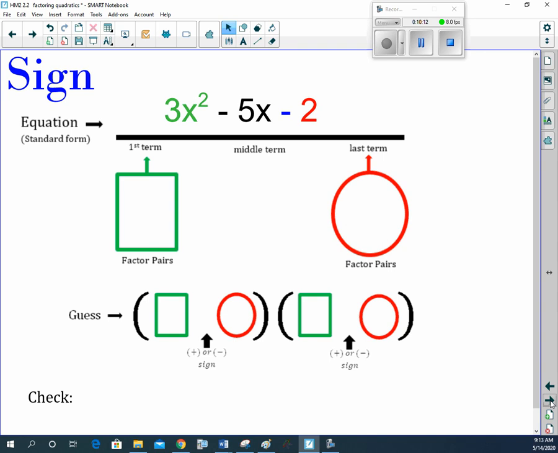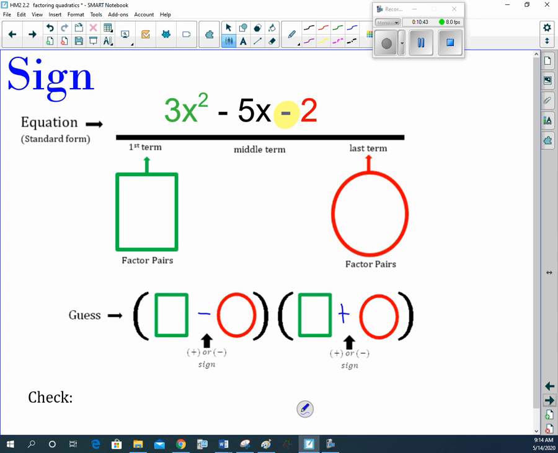All right, so now let's look at this one right here. This one says it's a subtraction sign. So if it ends in a negative, that tells me that the signs have to be different down here. So it could go positive or negative, or it could go the other way, negative or positive.